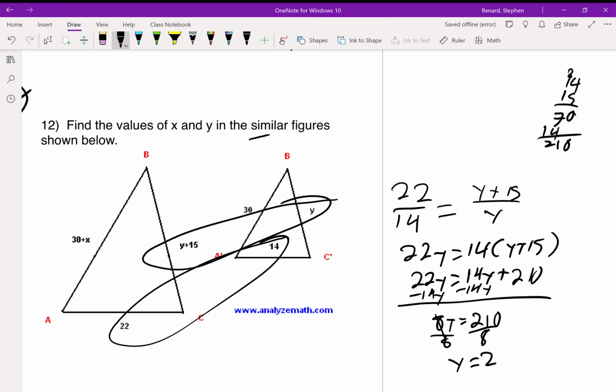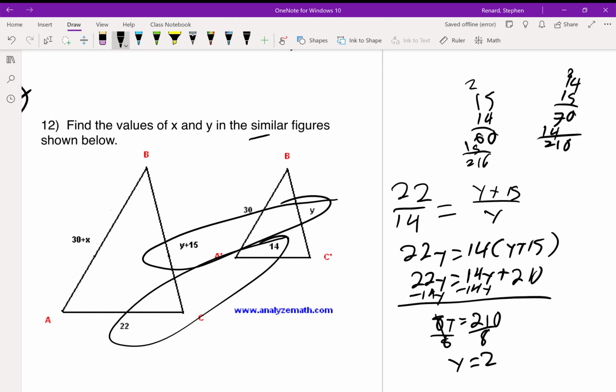Y equals 216. Ick. Is that right? 22 over 14 is what was 4y. So 22y is 14y. I'm going to do this again and hope that I'm wrong.